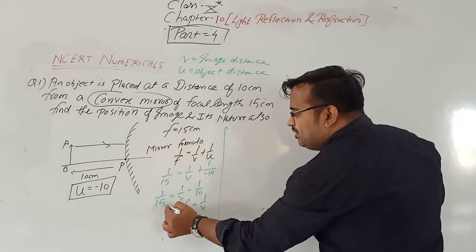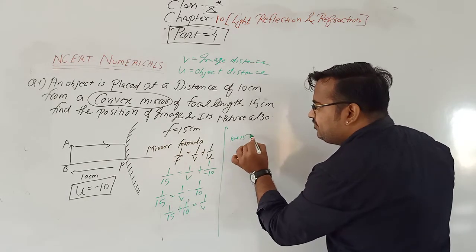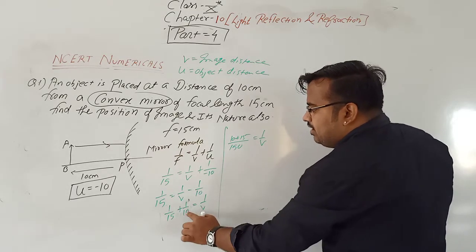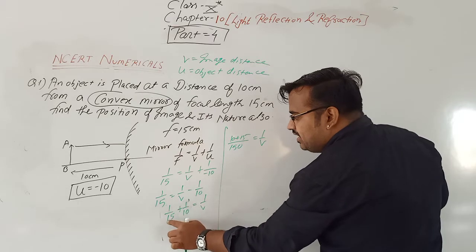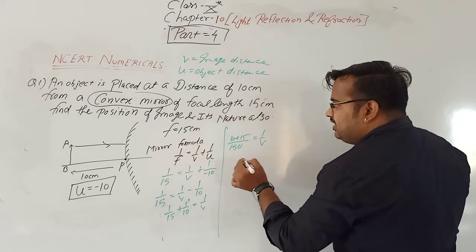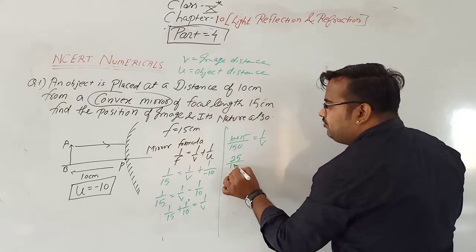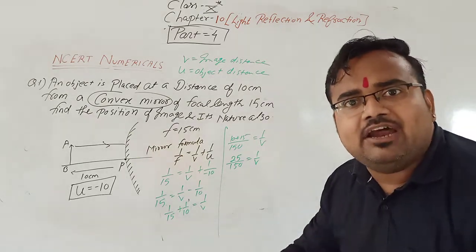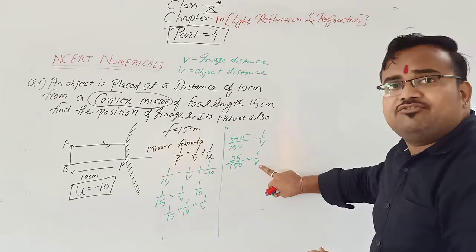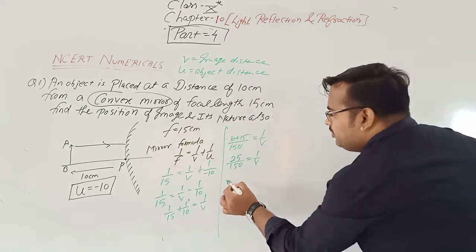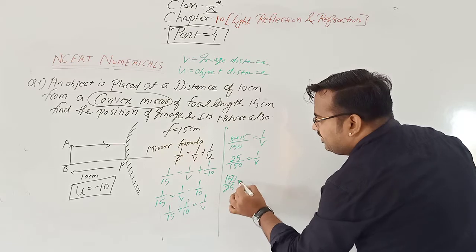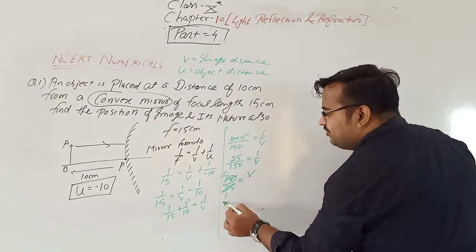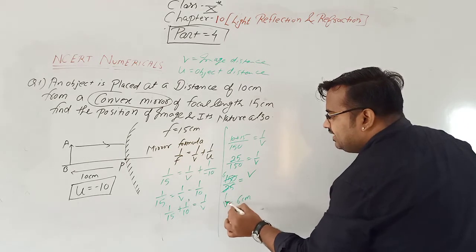Now we will do cross multiplication. 1 tens are 10 plus 1 fifteens are 15 upon 150 is equal to 1 upon V. So this would be 25 upon 150 is equal to 1 upon V. We have to find the value of V, not 1 upon V. So we invert this value. So 150 upon 25 is equal to V. 25 sixes are 150. So V is equal to 6 centimeter.